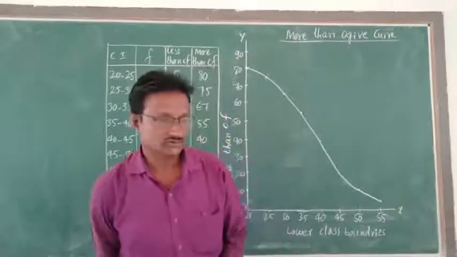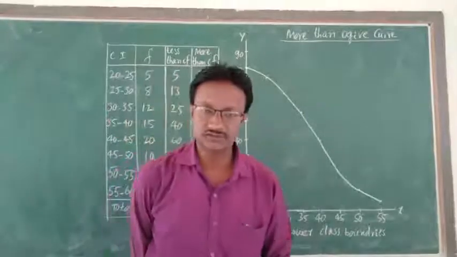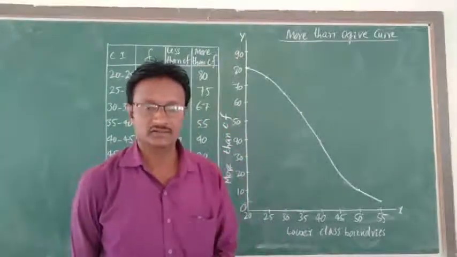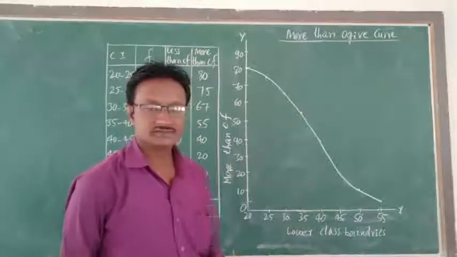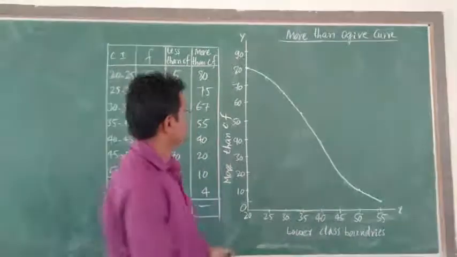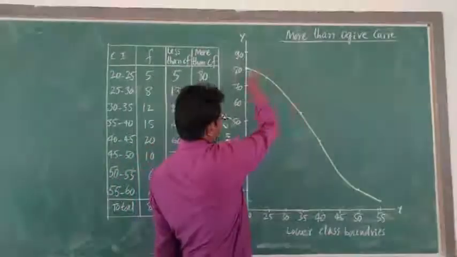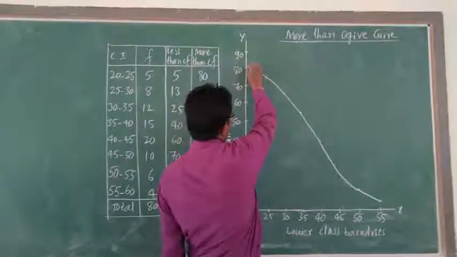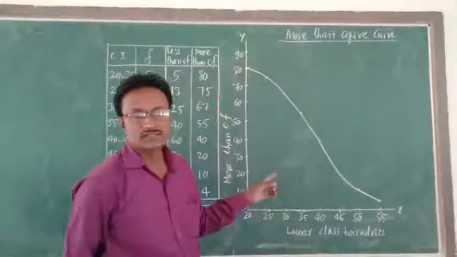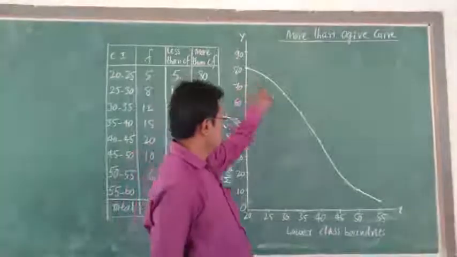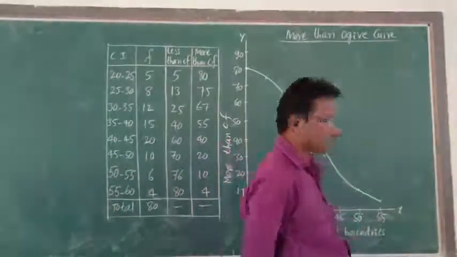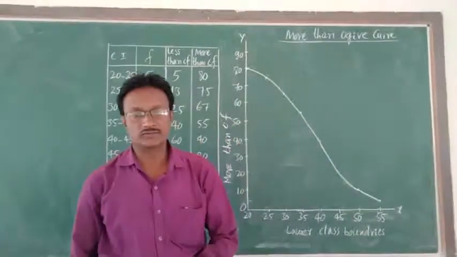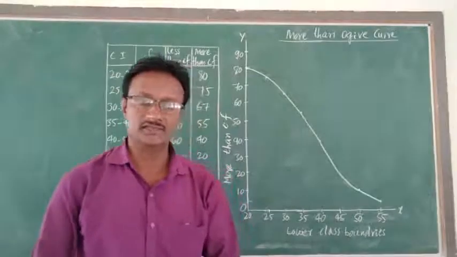So these ogive curves are used to calculate median, quartiles, deciles also. And more than ogive curve is called a decreasing curve because it is decreasing in order.